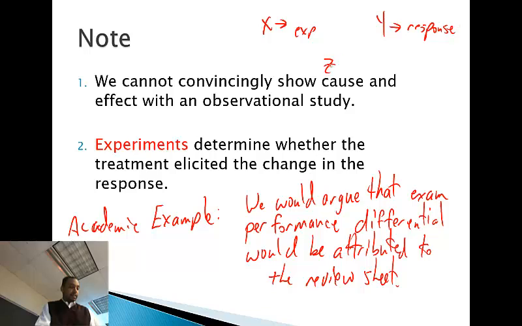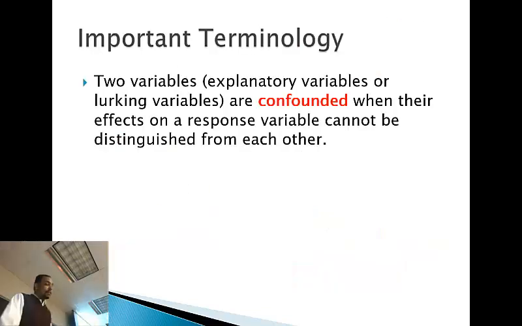The idea was that maybe it's not just x influencing y, but this other lurking variable in the background, so to speak, that's also influencing the results. So the same concept is back in chapter 9. Explanatory variables or lurking variables can confound the response variable's behavior.